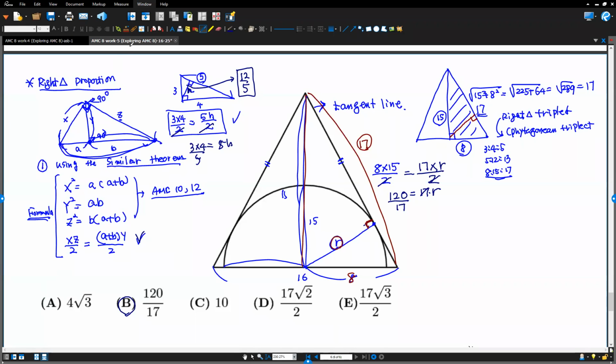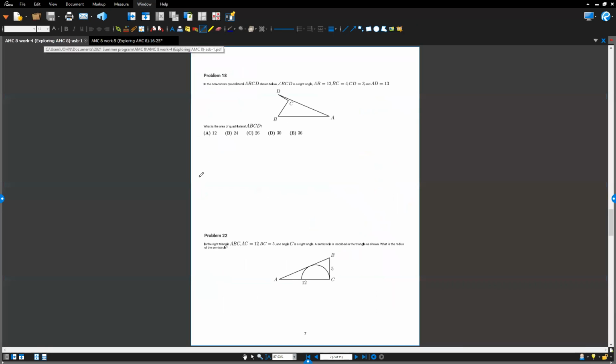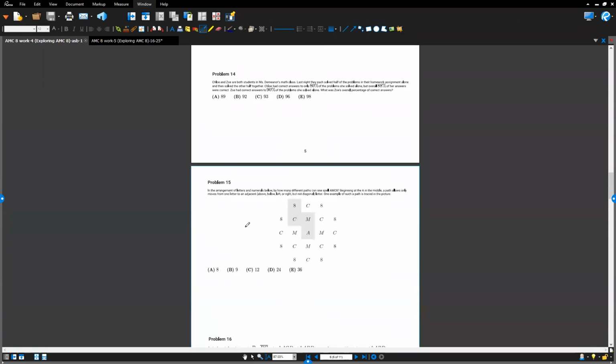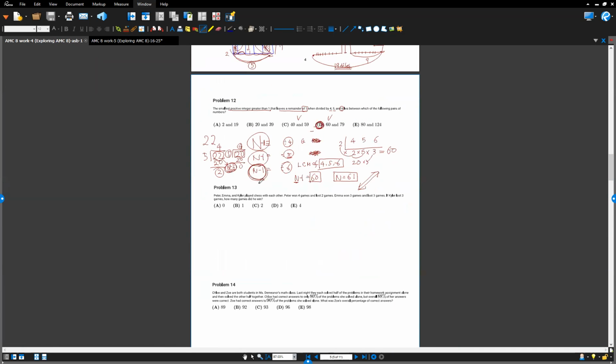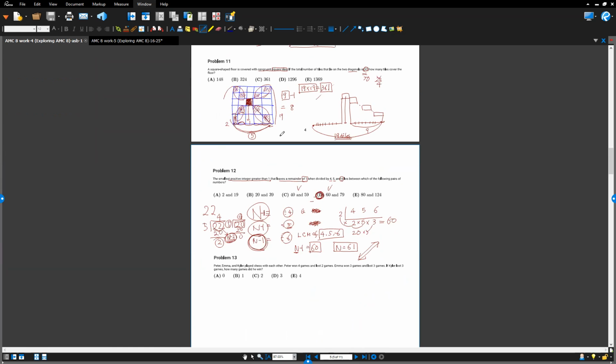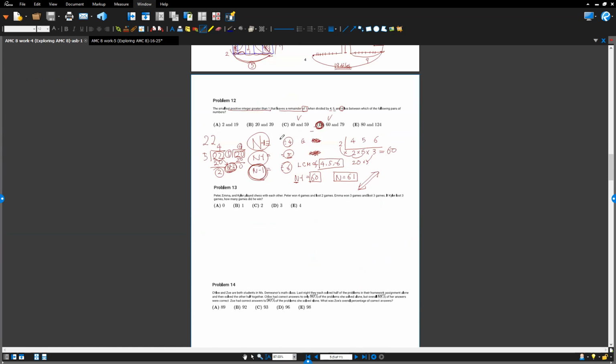Okay. Now we're going to work on test 4. This one we didn't do too much. Last time we did up to number 12, because at that time the questions were a little bit harder than the other test. That's why we finished up to number 12.